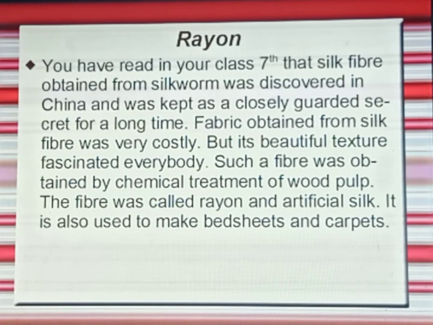So it was discovered by chemical treatment of wood pulp, which became rayon. It is also known as artificial silk. The discovery of silk was in China from the silkworm, and it was kept a secret for a long time.